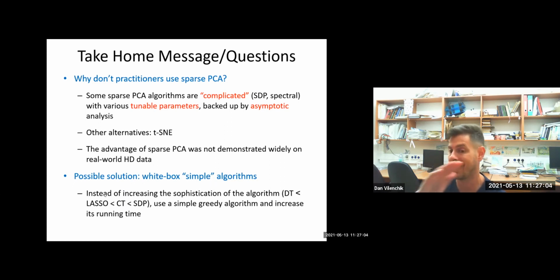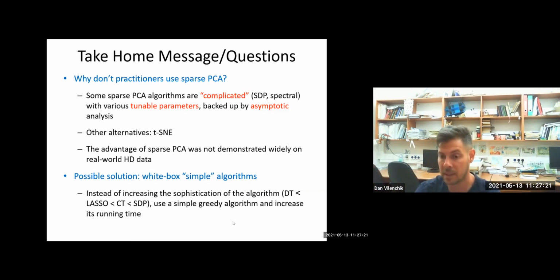So as the SNR drops, or as the problem gets more complicated, you can increase the sophistication of the algorithm: diagonal thresholding, lasso, covariance thresholding, SDP. Or you can use a simple greedy algorithm and just slightly increase the running time.